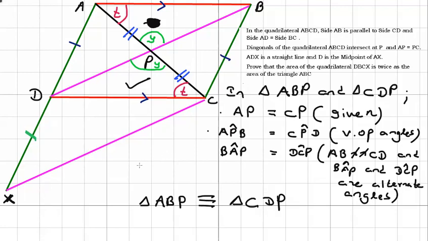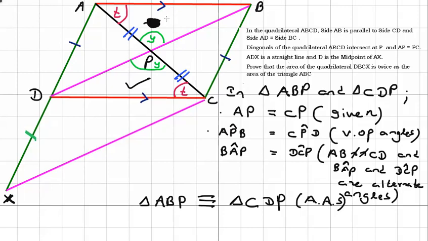It should not be three lines, but a wavy line and an equal sign. But you don't have to write it that way. You can simply put three lines, doesn't matter. It's all right. So now within brackets, you would write the condition, that's angle, angle, side.